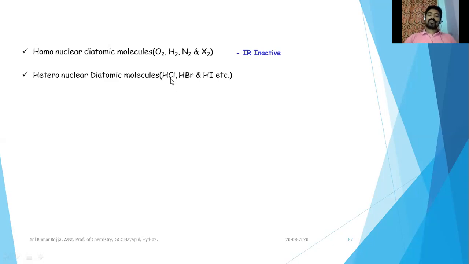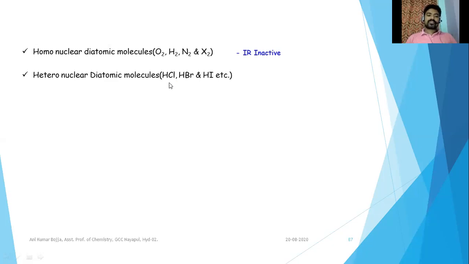So the dipole moment will be there. Of course, the molecule contains a dipole moment, and the electron density moves towards the chlorine nucleus in the hydrochloric acid molecule, so that the molecule undergoes vibration and it will exhibit the band in infrared spectroscopy. Similarly, heteronuclear diatomic molecules are IR active.